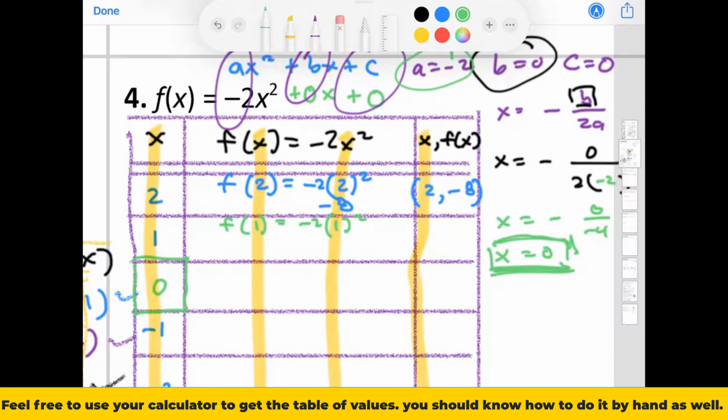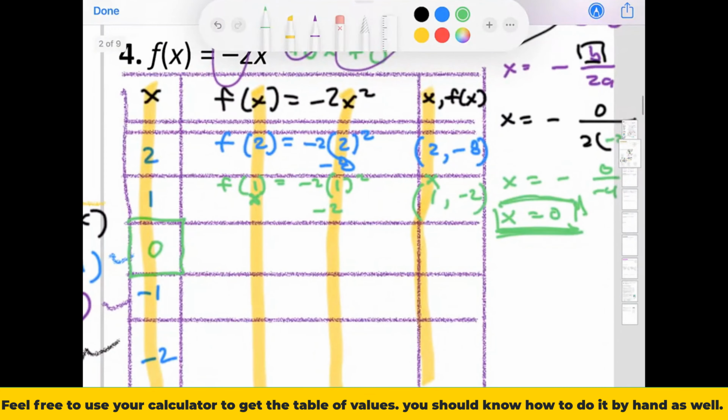And 1 squared is 1. 1 times -2 is -2. So that's my answer. 1 comma -2. Remember that x value is inside right there, and that's why it goes right there. Okay, so now we're putting in 0. F of 0 equals -2 times 0 squared. Order of operations says do the exponent first. So 0 times 0 is 0. 0 times negative 2 is 0. So I have 0, 0.